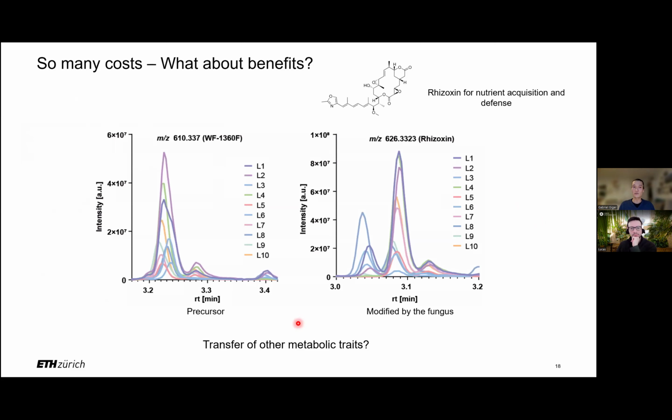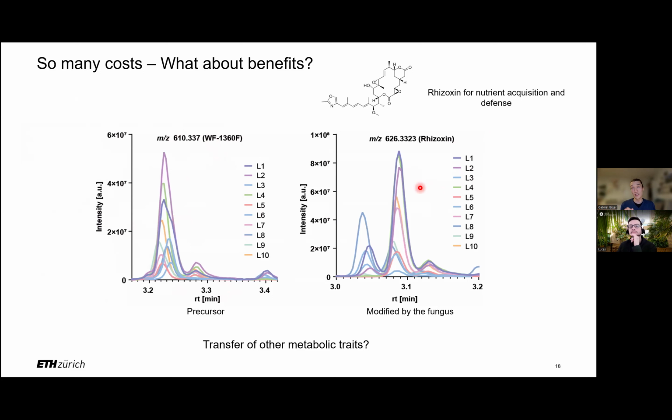And indeed, in all 10 different lines, we found rhizoxin itself as well as a precursor. An interesting fact is that the bacterium produces this precursor, which is then modified by enzymes of the fungus to produce the final product rhizoxin, which seems to also be the case in this non-host strain.